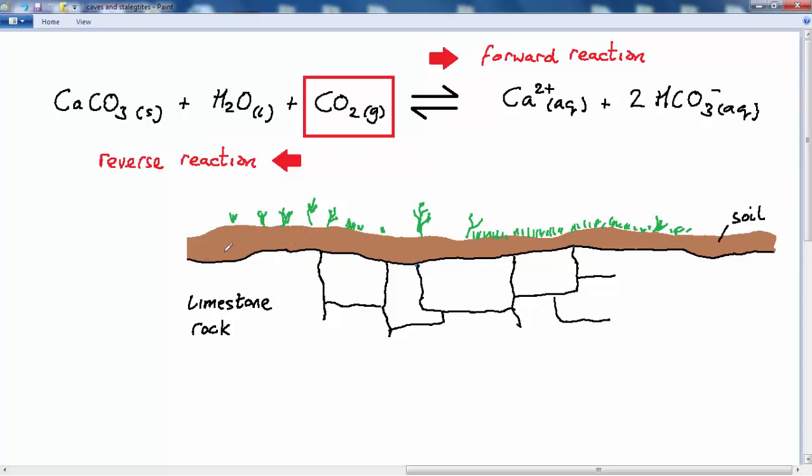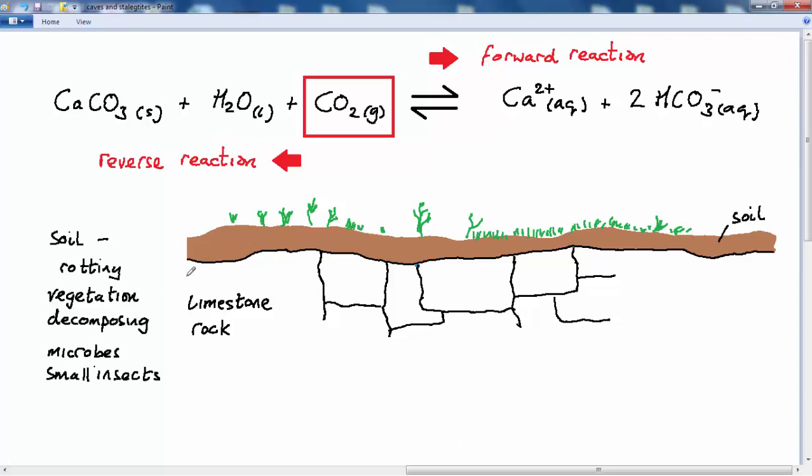And as a result of all these microbes, these tiny animals in there, which are all breathing out carbon dioxide, in the soil we're going to get quite a high concentration of carbon dioxide gas, due to the presence of all of these tiny organisms, due to the decomposition of dead or rotting material present in the soil, a high concentration of carbon dioxide.